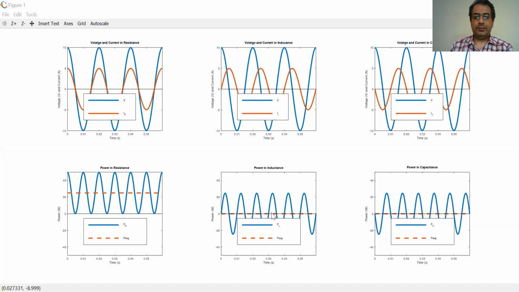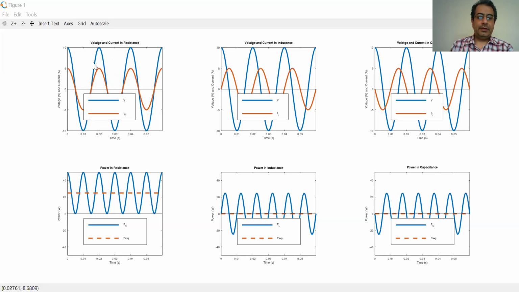The second column is if only we have an inductance in the system. And the third column is if we only have a capacitance in the system. The first row is voltage and current. The second row is the power.